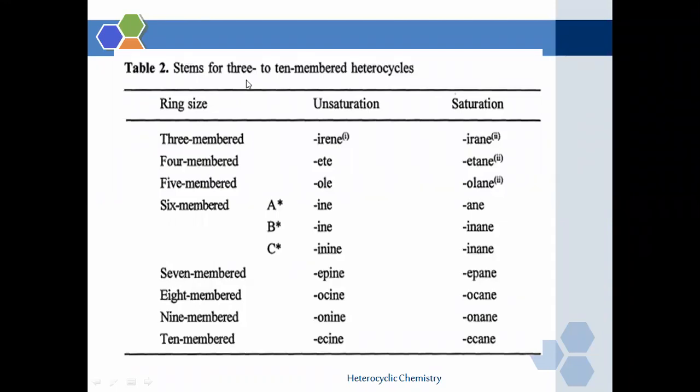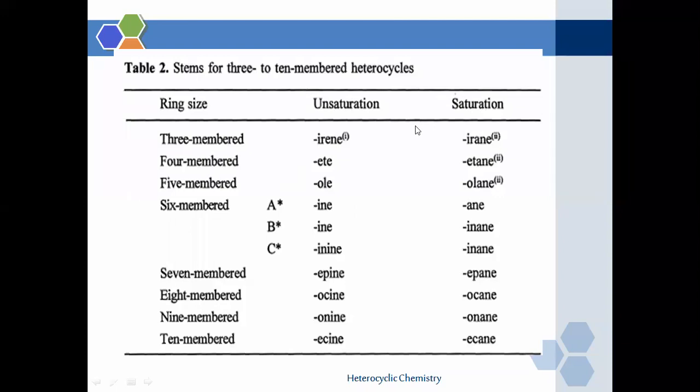Here we are discussing heterocycles, which means the compound is cyclic in nature, so it must possess at least 3 atoms in the structure. So here we discuss 3 to 10 membered heterocycles.